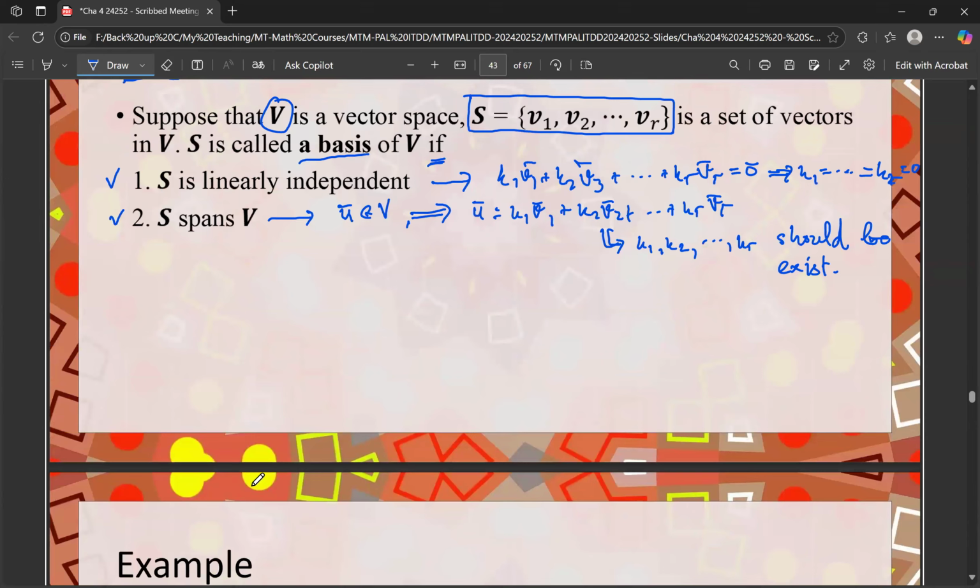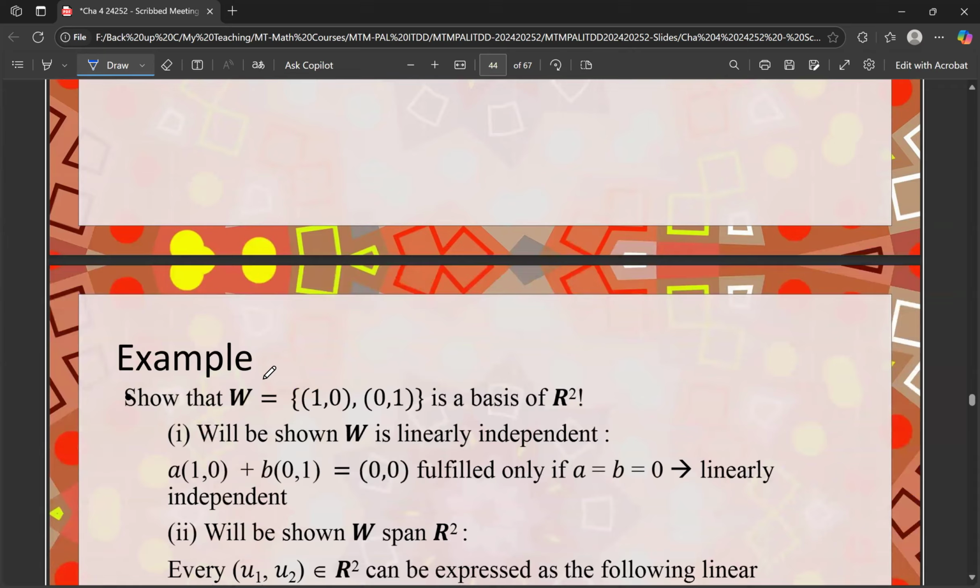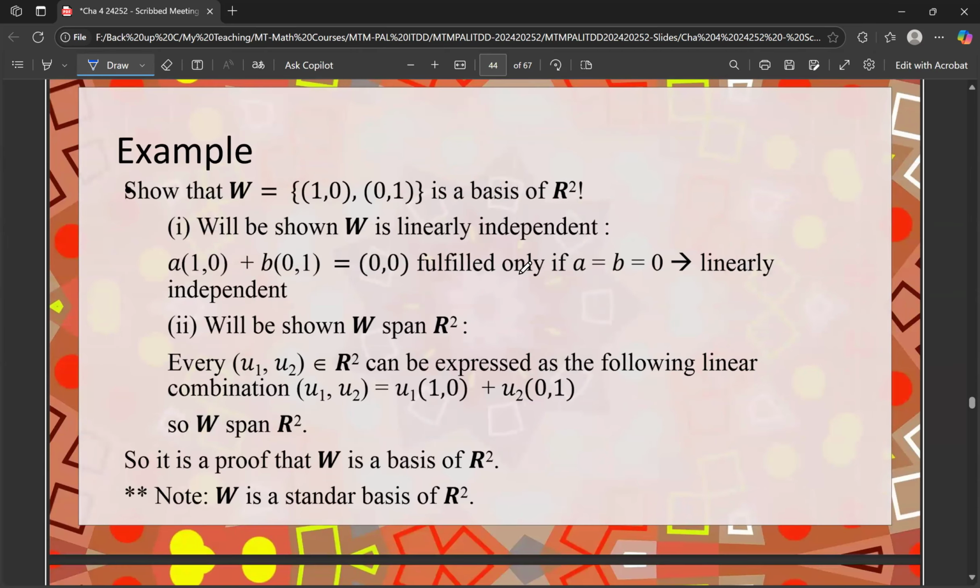Okay, so to say that a set of vectors is a basis of a vector space, we must prove two things: S is linearly independent, and S spans V. For example, this one is a claim.